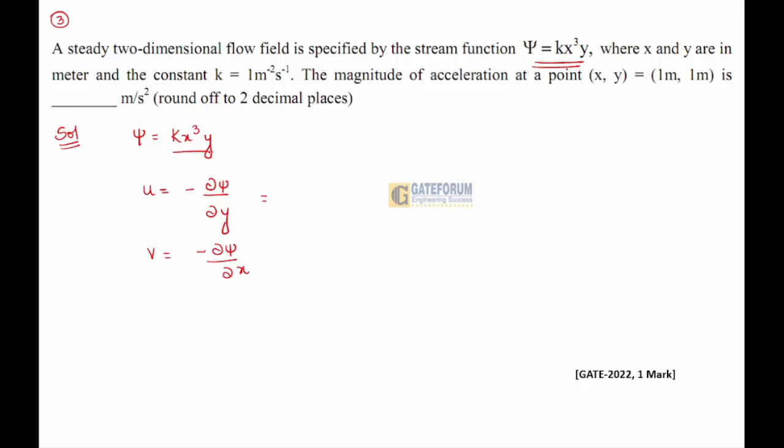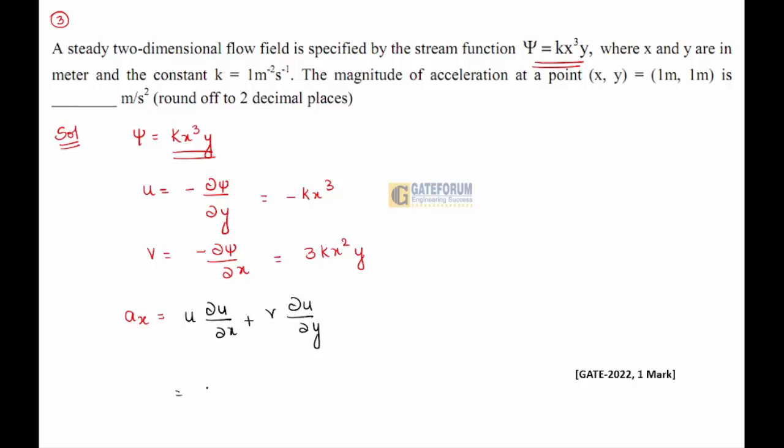When you take psi equal to k x cube y and differentiate, we will get k x cube, and here you will get minus 3k x square y. What is the acceleration equation? Ax, especially for a steady flow without considering the temporal acceleration, we say Ax is u into dou u by dou x plus v into dou u by dou y.